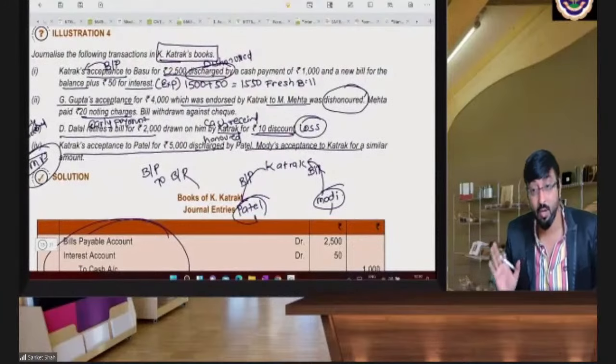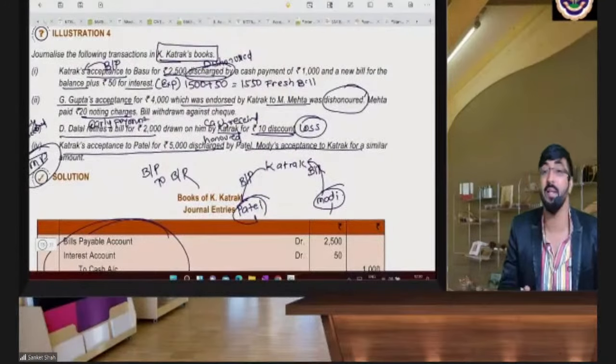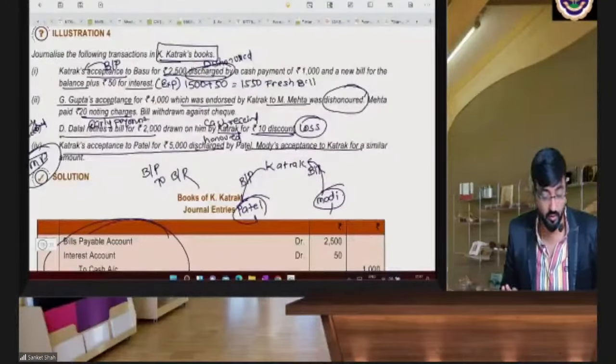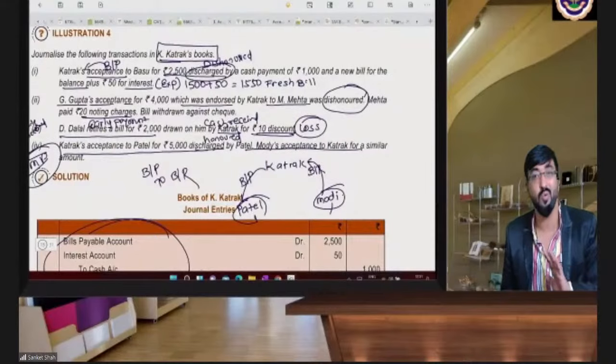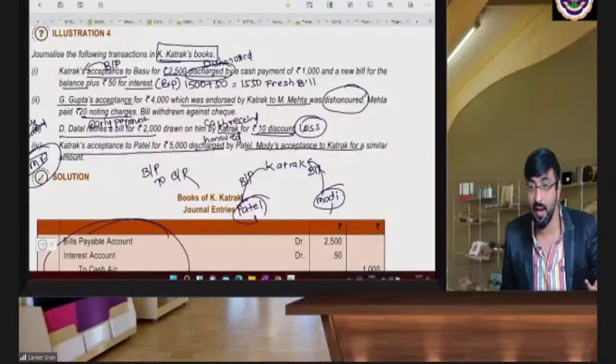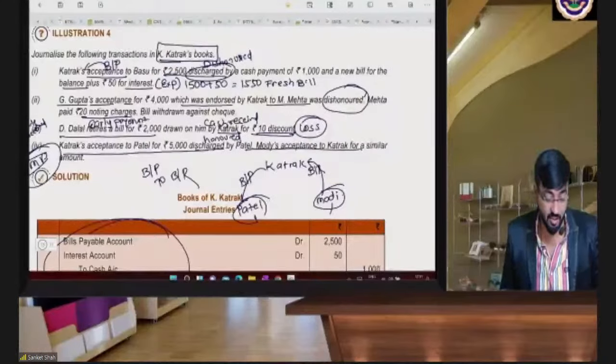First apply your logic and then refer to my session. If you sit directly for bill of exchange, you are going to face problems. In bill of exchange, you just have to understand the debtor and creditor relationship, bills receivable, bills payable, and simply honor and dishonor cases. So my first basic session is really very important.